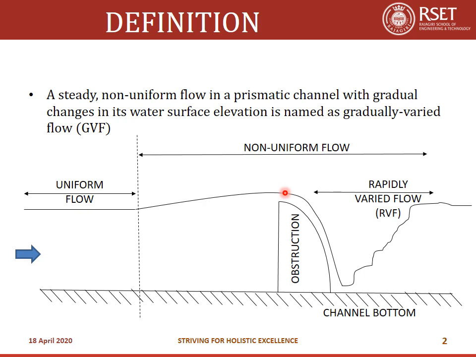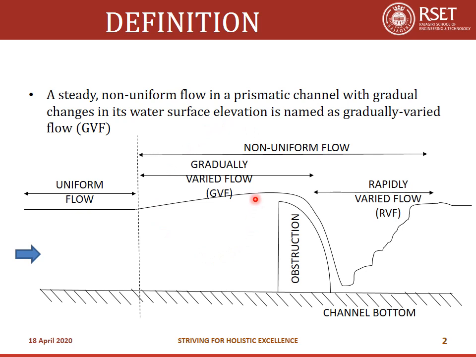And so this portion where the flow depth is increasing gradually is known as gradually varied flow or GVF. Uniform flow was discussed as part of module 3, and rapidly varied flow was discussed as part of module 4. So in module 5 we will be concentrating on this part, which is gradually varied flow.